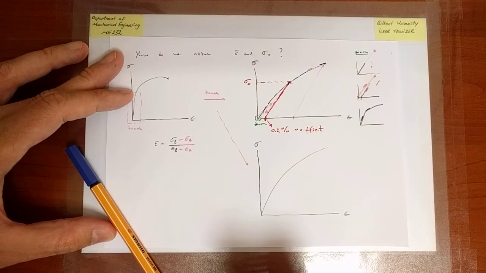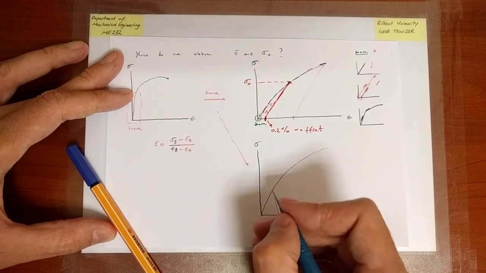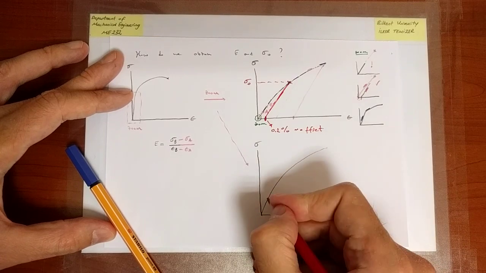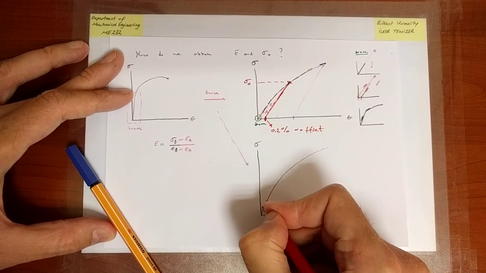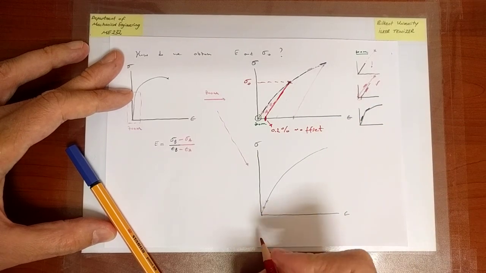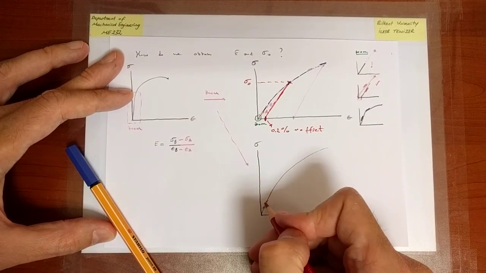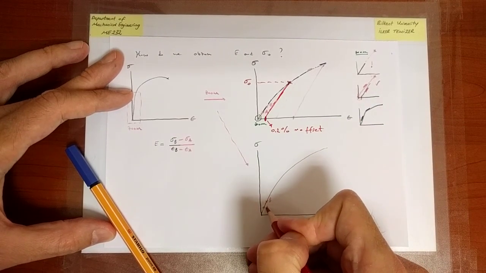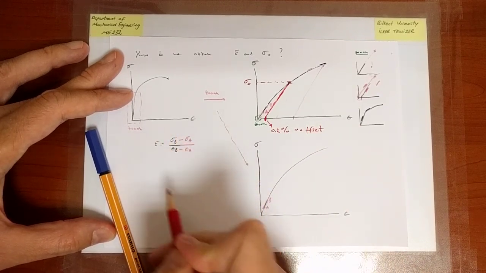I'd like to identify what the Young's modulus is. That's the first step. I pick 2 points that clearly lie in the elastic region. Why 2? Because this point may not go to zero stress at zero strain. So I pick 2 points, B and A. I connect them with a line. The slope of that line is the Young's modulus.